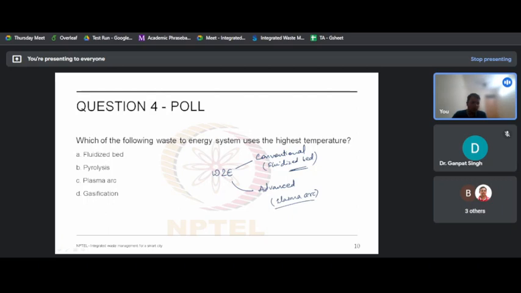So here what we basically do is, plasma is a state of matter. So what are the different states? Solid is there, liquid is there, gas is there, plasma is there. This is the fourth state of matter, and some also say there is a fifth state, the Bose-Einstein condensate.